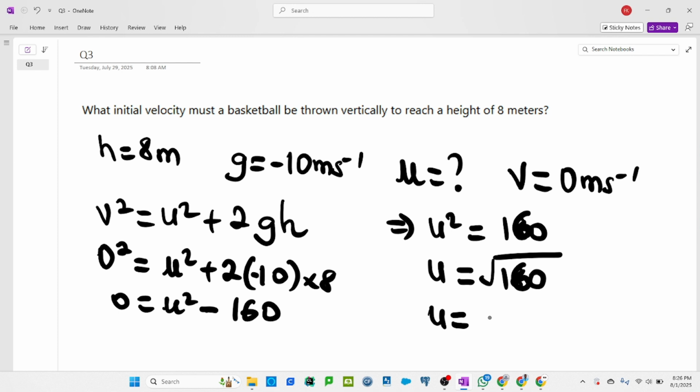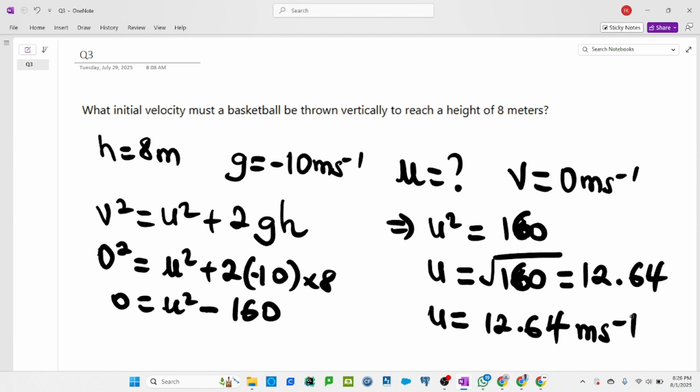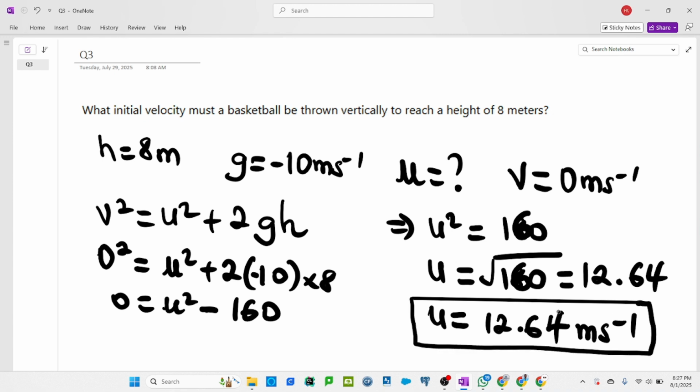We are waiting for the calculators. Sir, the final answer is u equal to 12.64. Meter per second. Kennedy, don't forget the unit. So in the final answer, always remember to add the units.